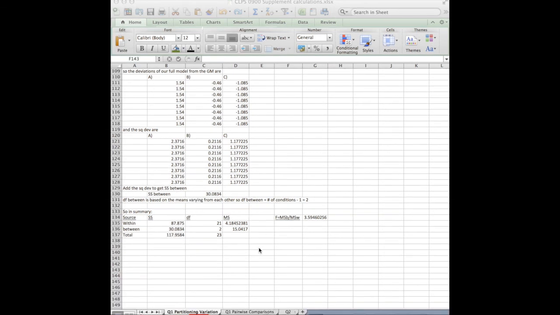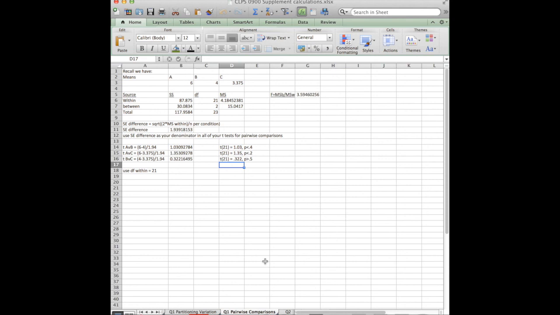So next, I just like to do a quick example of how to do some pairwise comparisons with the same data. So I'm just going to open up this tab, and I'll just give the essential information.